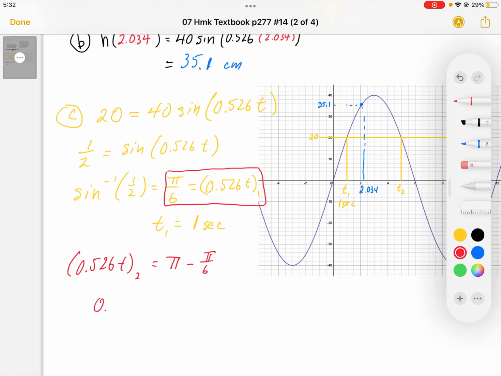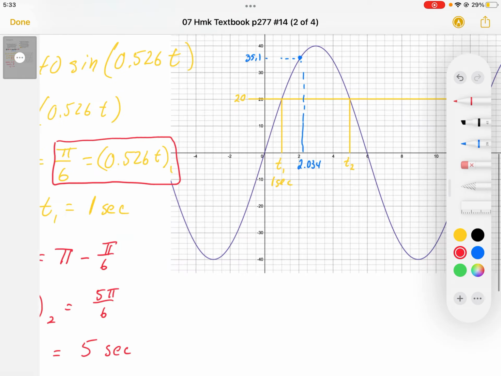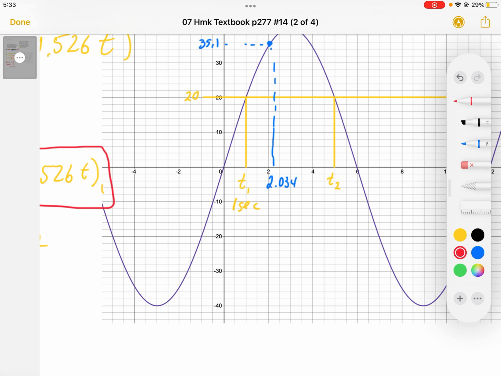And so solving for this, we end up with 0.526t is equal to 5 pi over 6. So for our other time, we're going to divide this, and we're going to get about 5 seconds. Okay, and we can see that t2 here is at 5 seconds.